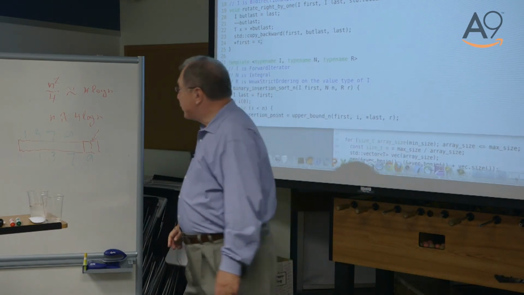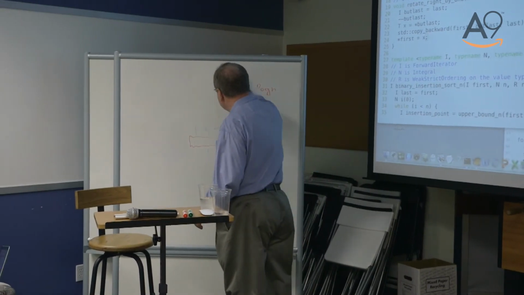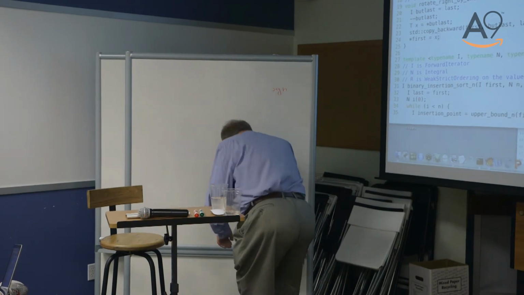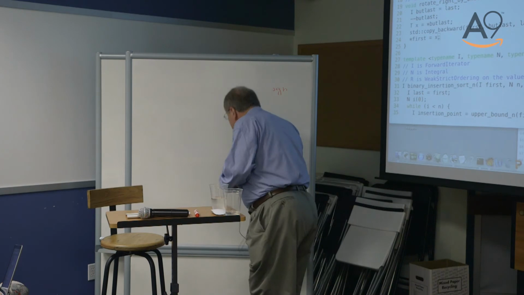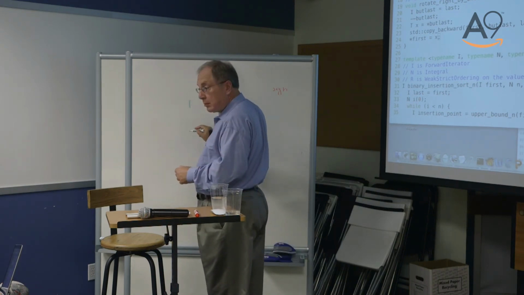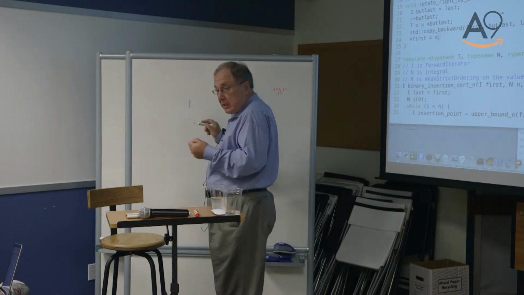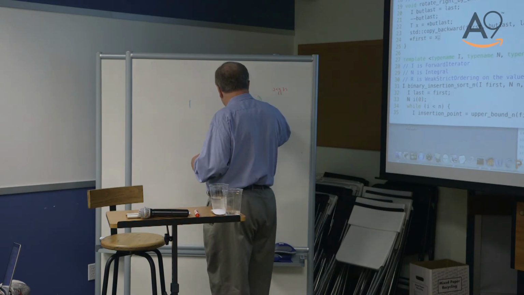Just think. Let us draw. Pictures are good. Everybody agrees pictures are good? Let us see what we're doing. We have first. We have last. But last points to this guy, right?